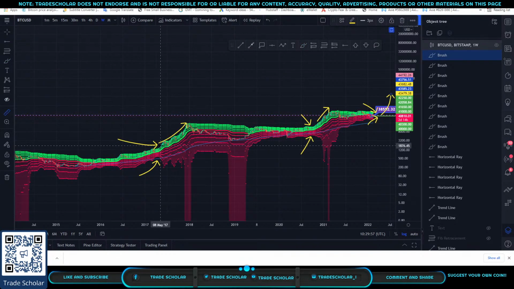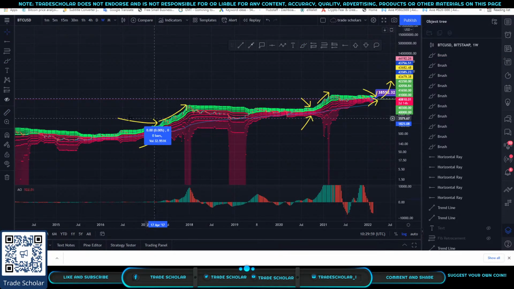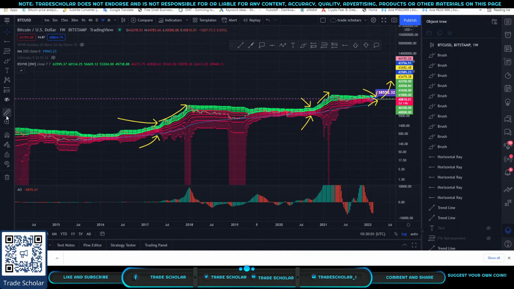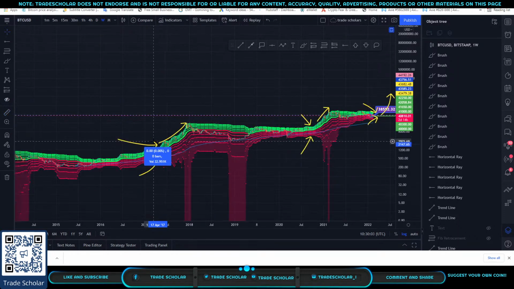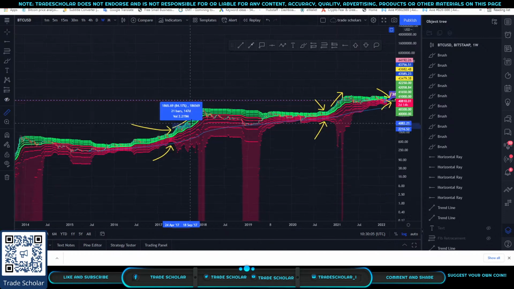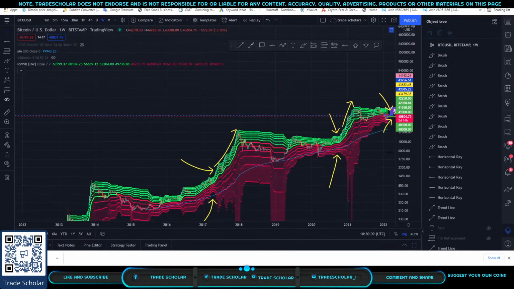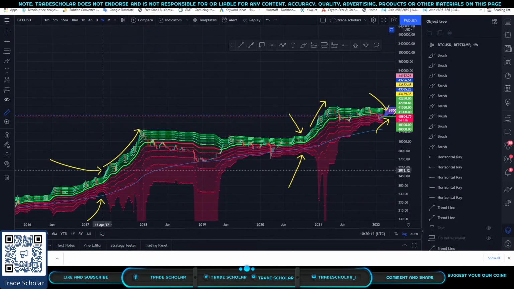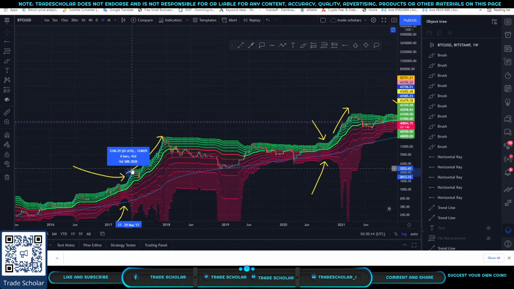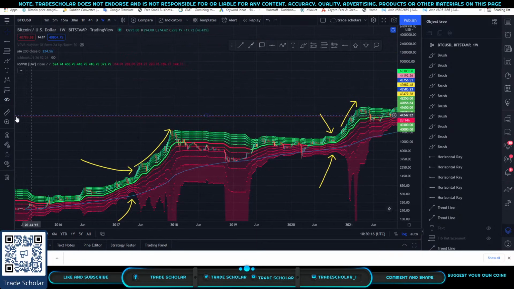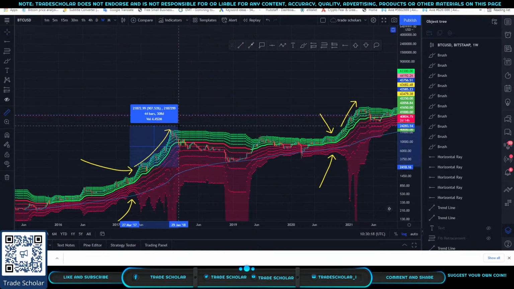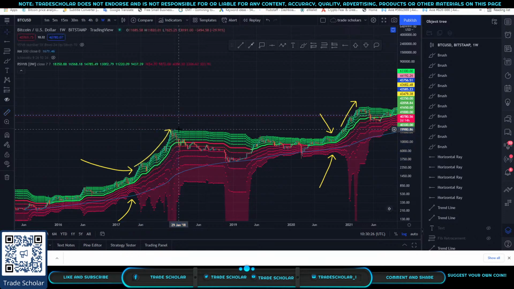Let me pull out the ruler. After the constriction, it moved. It moved 729% after the constriction, so it's not even accurate pull.